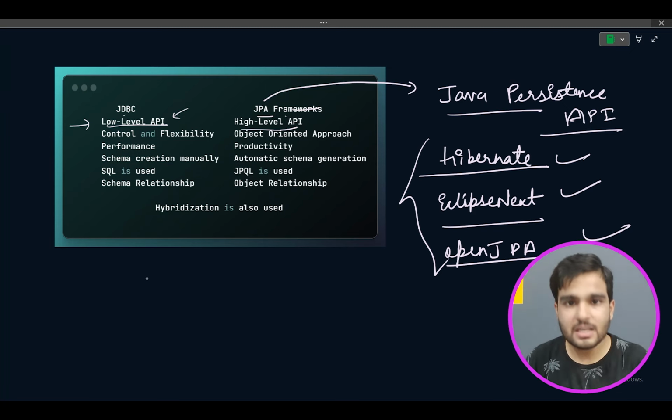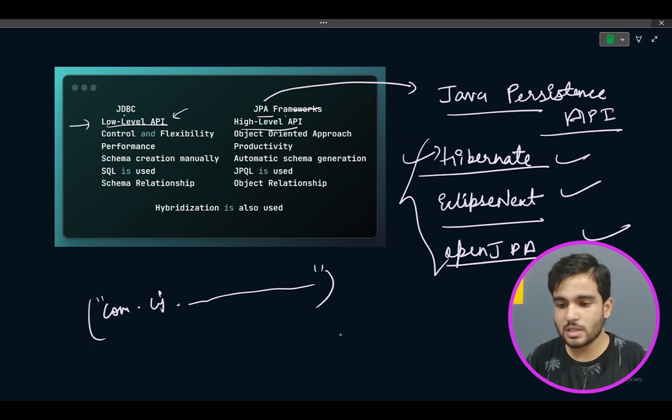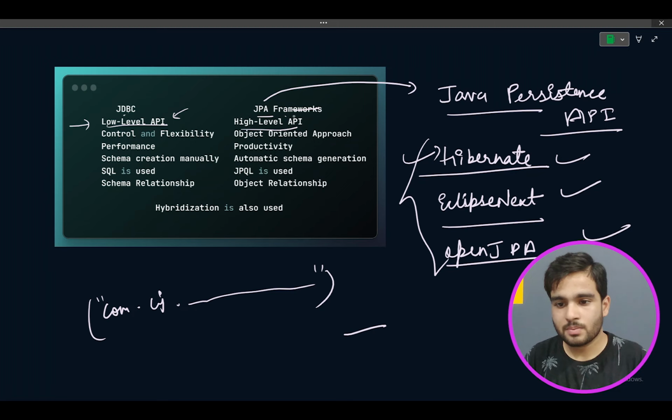For establishing the connection in JDBC, a lot of code needs to be written, and you will have to remember the driver package, like com.mysql.cj and a package for loading the driver class. They have made it very easy. You just need to call a function and it is automatically connected, or the driver class is automatically loaded. They have made it easy. That is the reason it is a high level API.